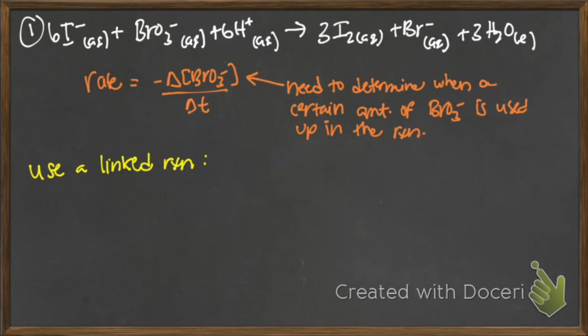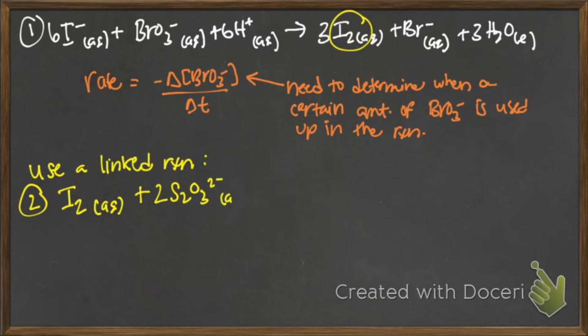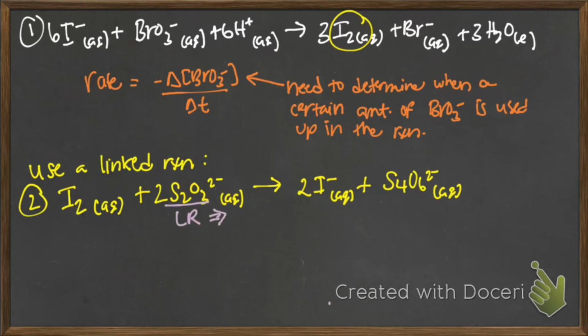And essentially the I2 that is created in reaction 1 will react with another reactant added to our mixture, thiosulfate, and that will give us I- iodide, and it will give us S4O6 2-. So in this reaction, our S2O3 2- is the limiting reactant.